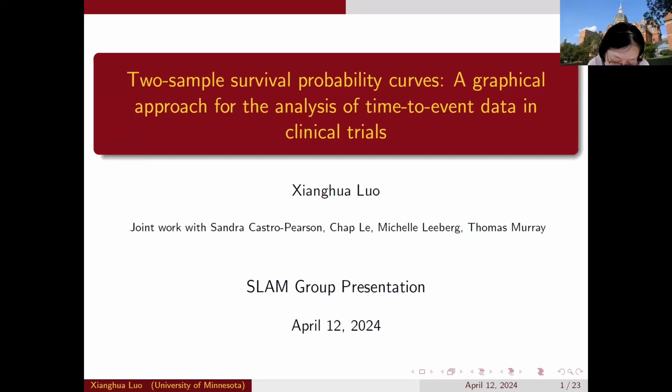And Xianghua received her bachelor degree, BS degree from Peking University, one of the best universities in China, okay? And received PhD degree from Johns Hopkins Biostatistics in 2005, okay?